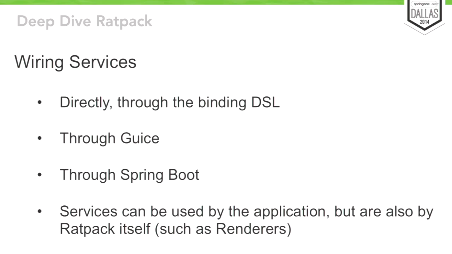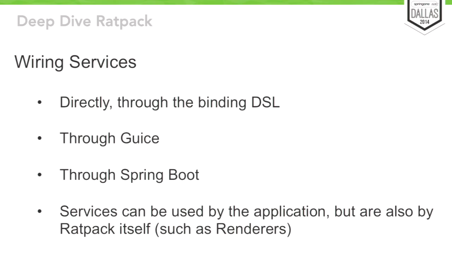Ratpack itself, like I said, is a modular Juice application. So in some respects, we need to maintain the Juice presence even if we're using Spring today. I'm saying today; in the future, I don't think this will be the case. But Ratpack as a framework will reach into the Juice bindings to pull out certain components that it needs to know about. For example, renderers.